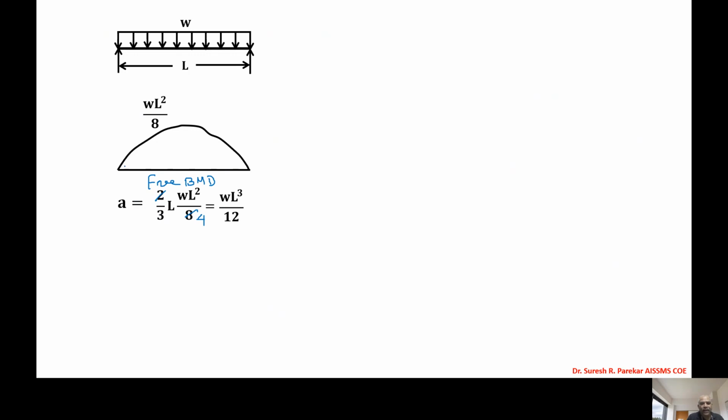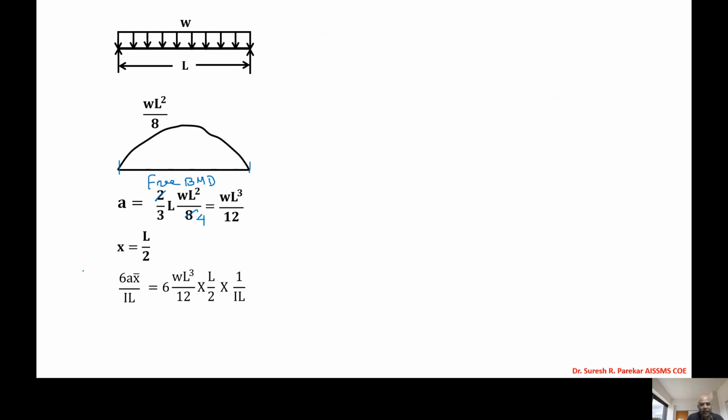Now x1 bar we can have from left or from right, will be same. So UDL may be on the first span or on the second span, then also your values are not going to change. X will remain same from left and right, which will be L by 2, and therefore we can calculate 6a x bar upon IL.